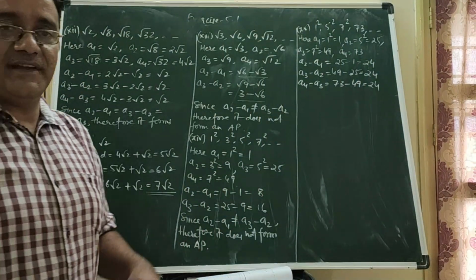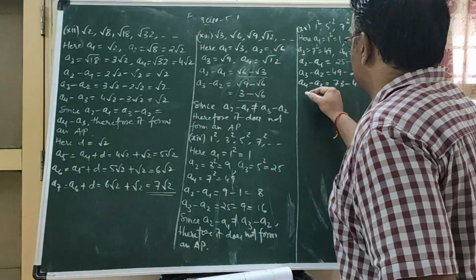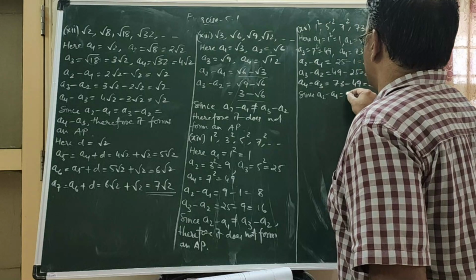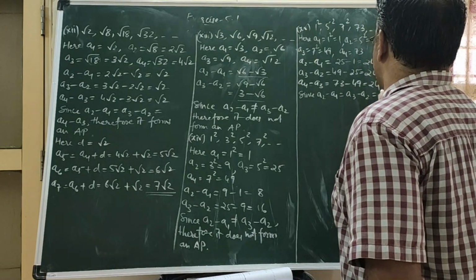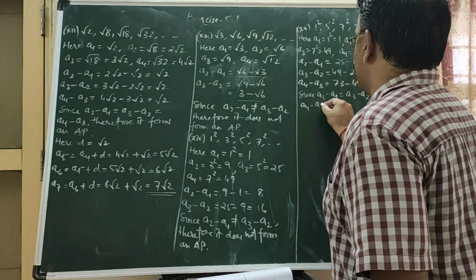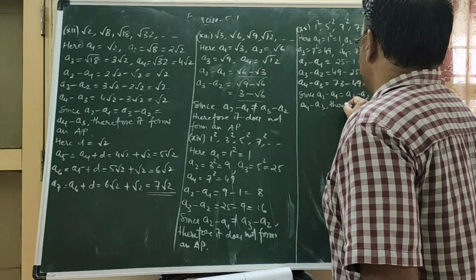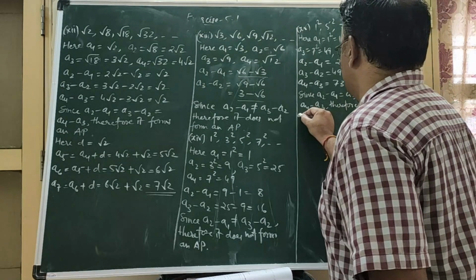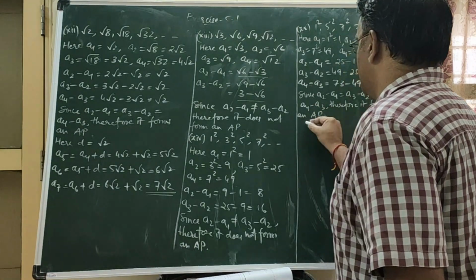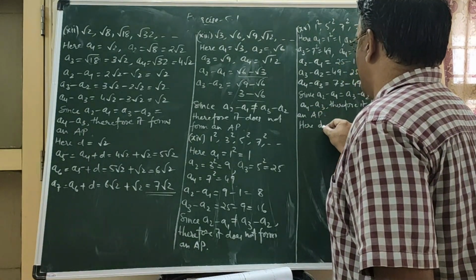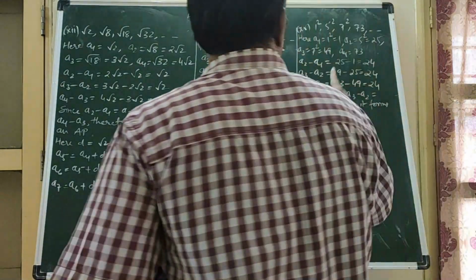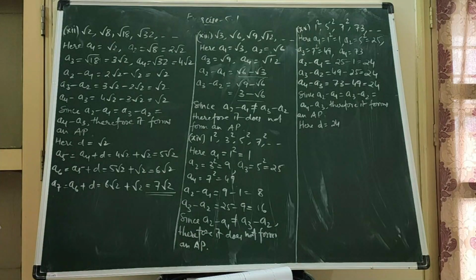So what we are observing, all the differences are same. So we'll write since a2 minus a1 is equal to a3 minus a2 is equal to a4 minus a3, therefore it forms an AP. So AP form कर रहा है, so common difference क्या होगा? 24, right? Now we have to find the next three terms.